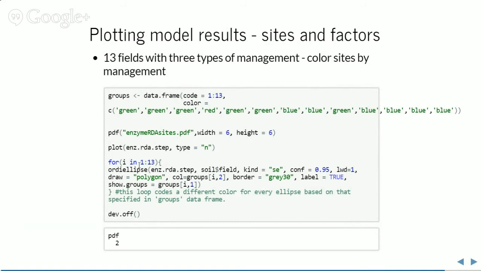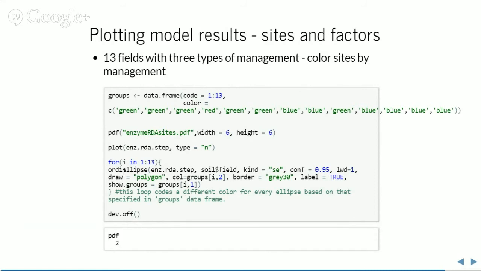So in the first cycle, i is going to be equal to 1. So it's going to call back to this groups data frame, and it's going to only code the field number 1 because it's looking for row 1, column 1. And the color of that is going to be specified by, again, our groups data frame, and it's going to look for color in row 1, column 2.